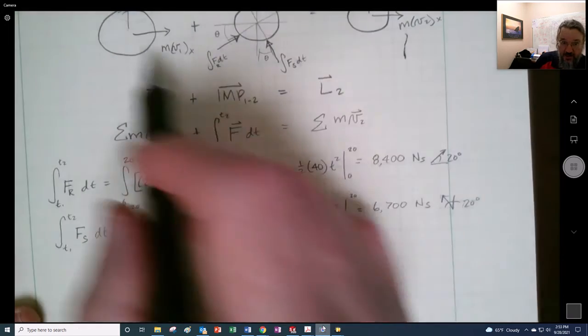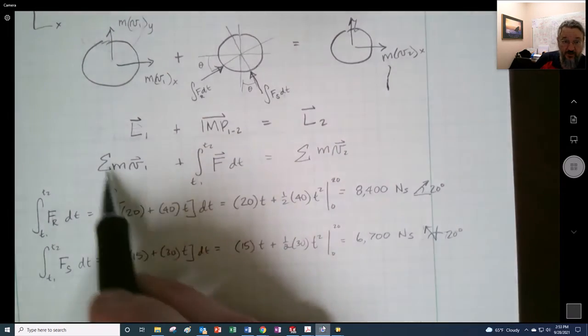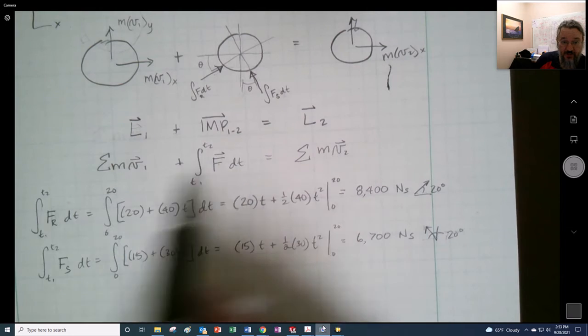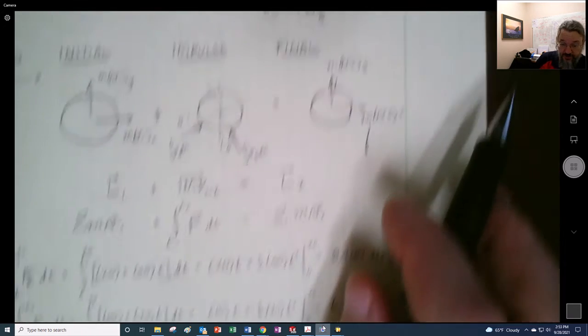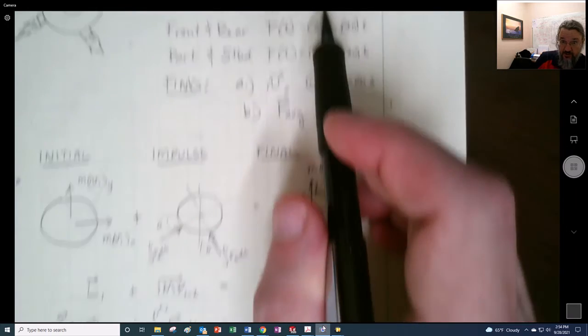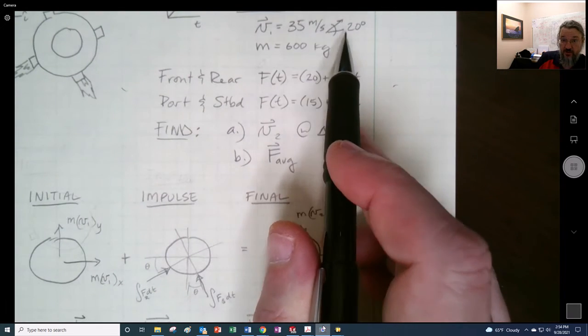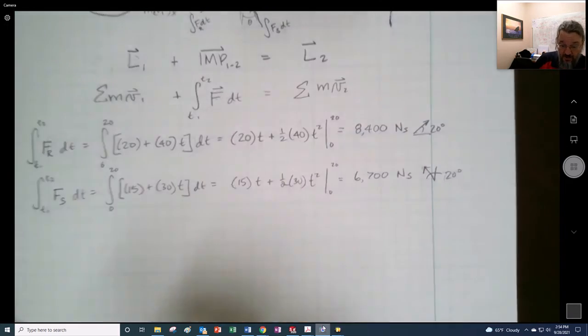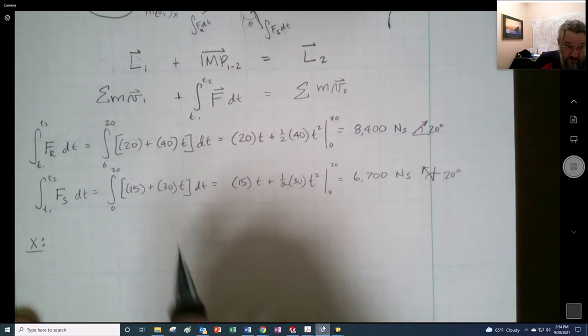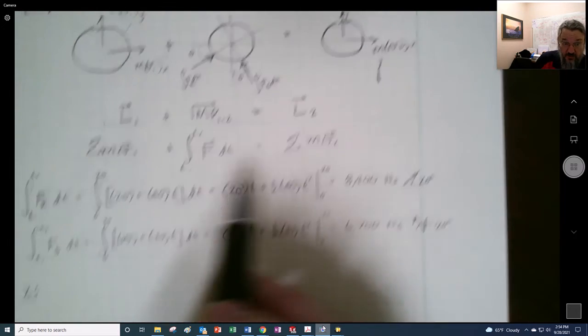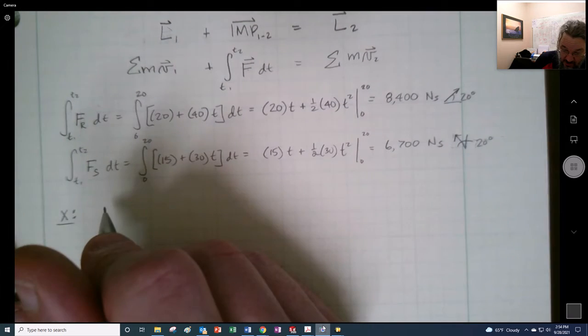All right, so now I'm coming back over to here, so I'm going to continue. That was just writing this part out right there to make it easier. So here, remember the thing is starting out at 35 meters per second and 20 right here. So we're going to say in the x direction, this is the way I like to do it. I wrote this out generally here, and then I'll write this out in the x direction.